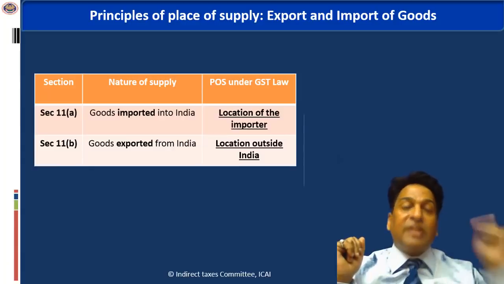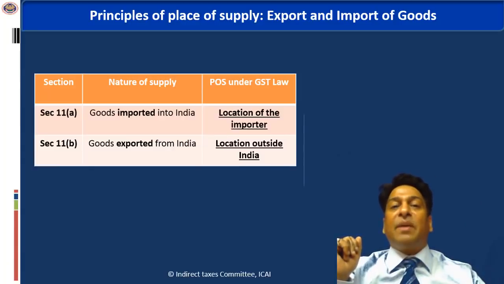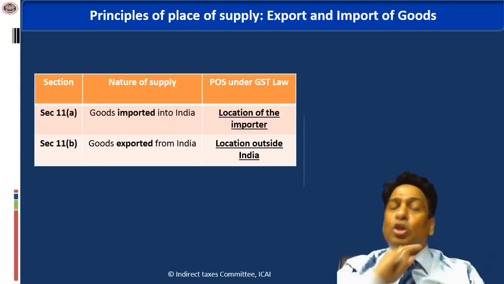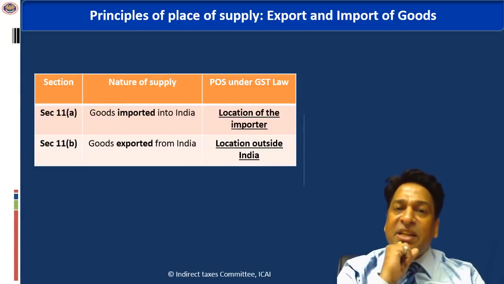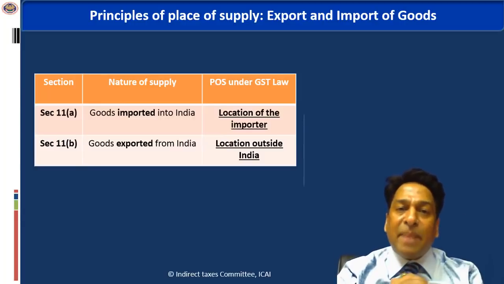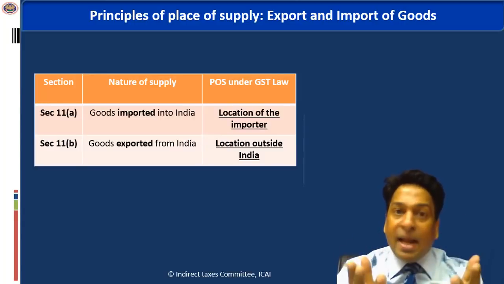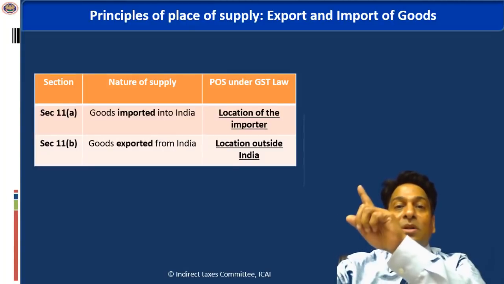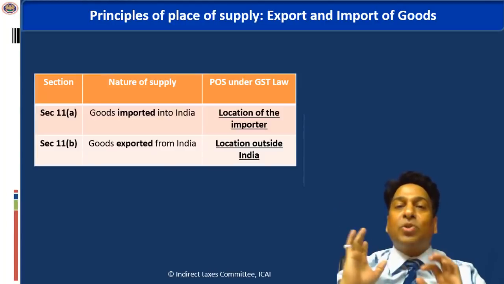It will always be the location of the importer, which is Gurgaon in the instant case. So which state will get the SGST component of IGST if ultimately these goods are being consumed? Haryana, though the goods are being imported from Nhava Sheva, Maharashtra.